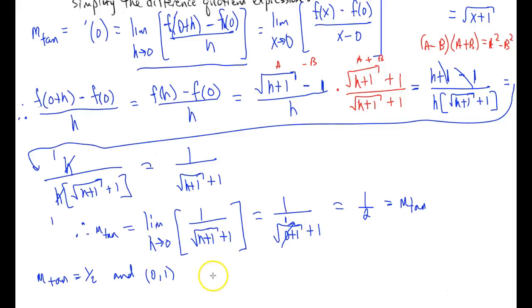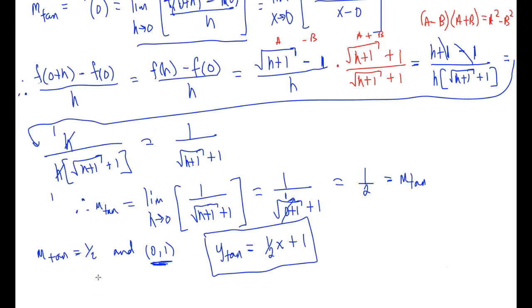And so if we want the equation of the tangent line in slope-intercept form, that would just be y equals 1/2 x plus 1, because this by definition is a y-intercept. So this is our equation for that. And so we move on.